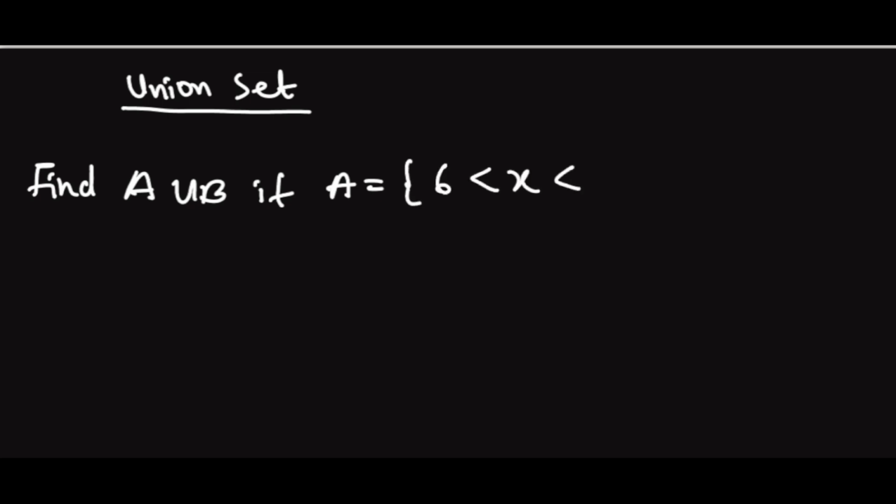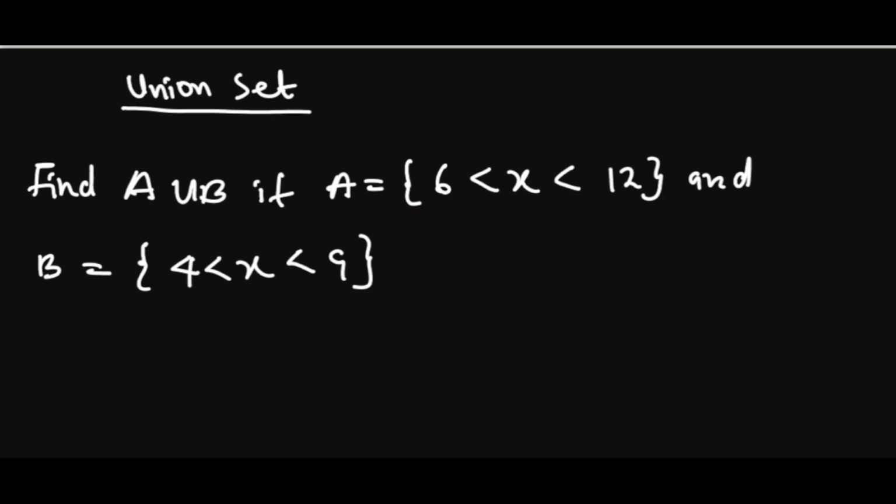Another example of the union is find A union B if A equals 6 less than X less than 12 and B equals 4 less than X less than 9, where X is an integer.